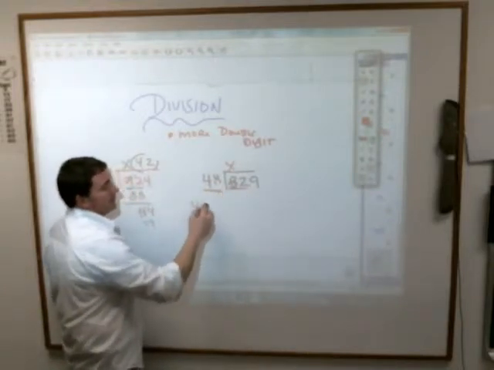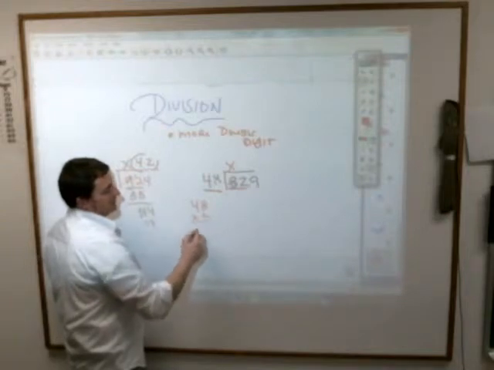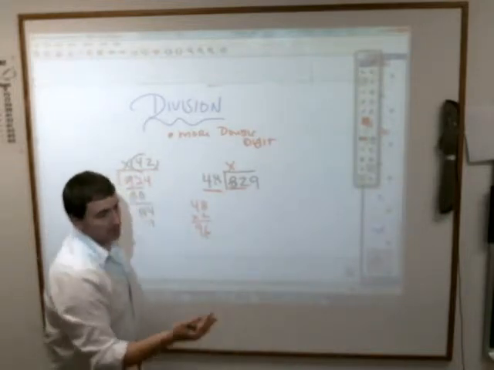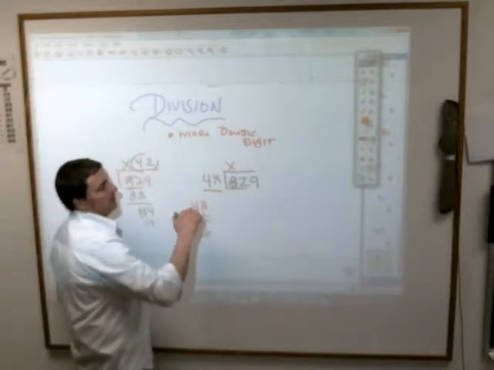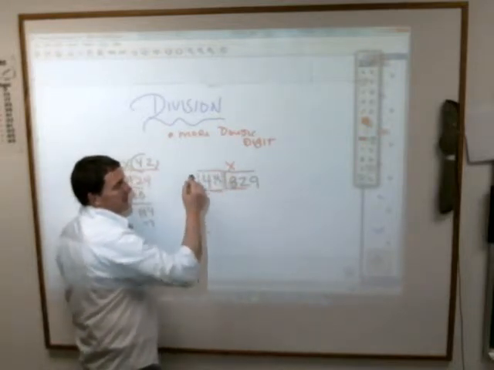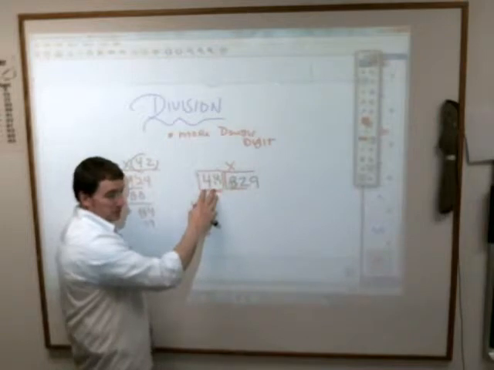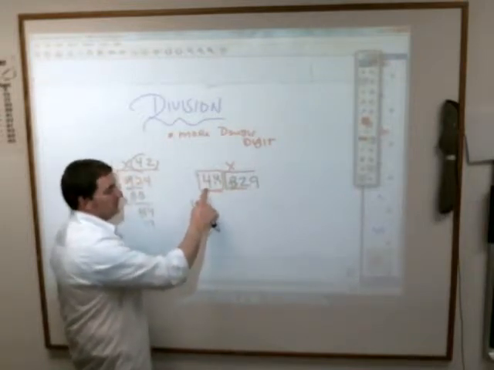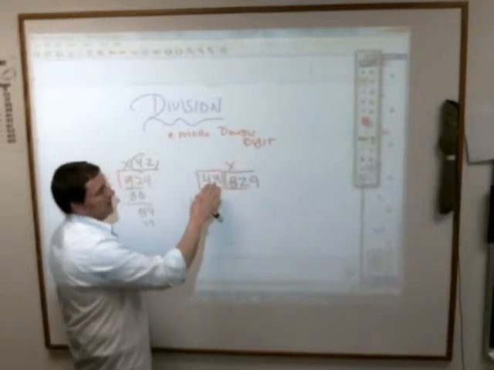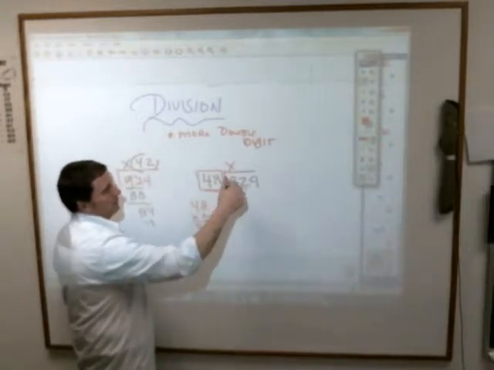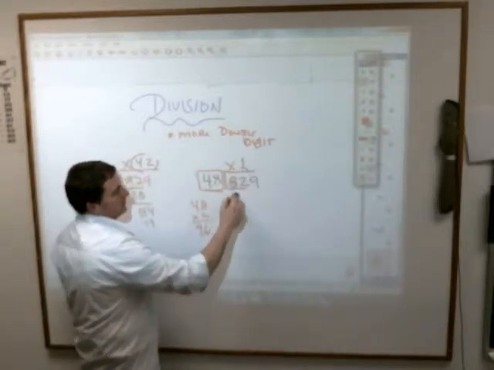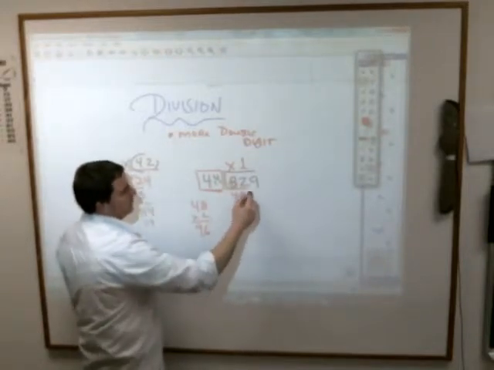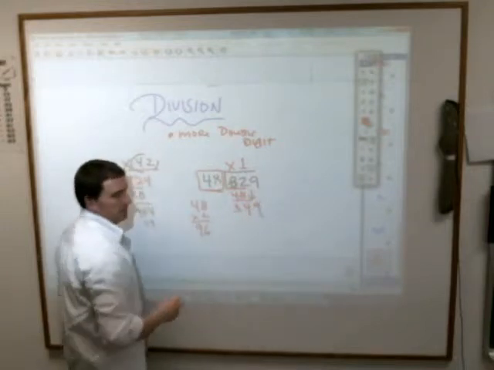Because 48 times 2 is 96, which is too big, out of the ballpark. So when the number you're dividing by rounds up to a higher first digit, think about that number. How many times will 5 go into 8? Once. You do your 48, you subtract, and get 34.